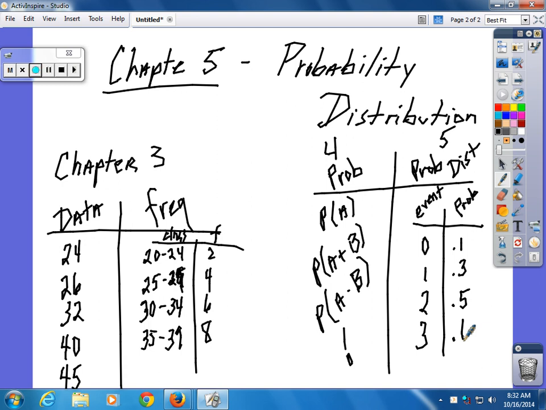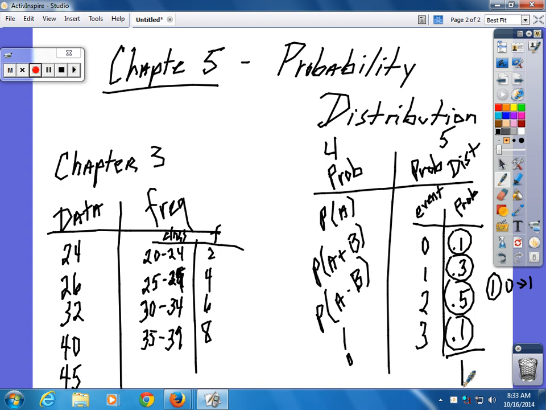But there are some things you need to look at here. Each one of these is a decimal between what? 0 and 1. So that's your first test: each one has to be a decimal between 0 and 1. And the other is that when you add all the probabilities up, what are you supposed to get? 1.